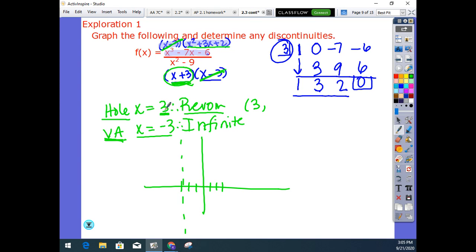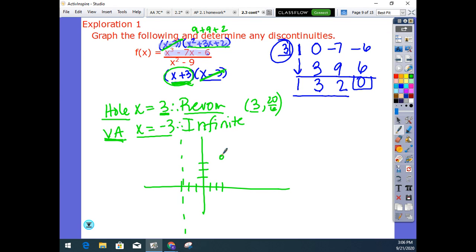If I plug 3 in, that's 9 plus 9 plus 2, that's 20 over 3 plus 3, which is 6. That's 10/3, so that's 3 1/3. So that means there's a hole at 3 1/3.